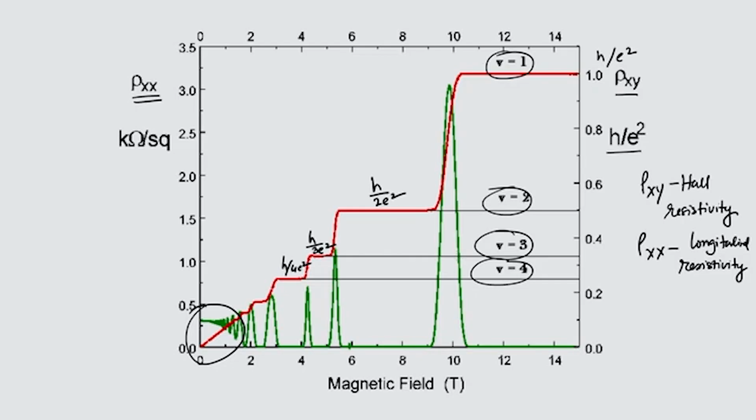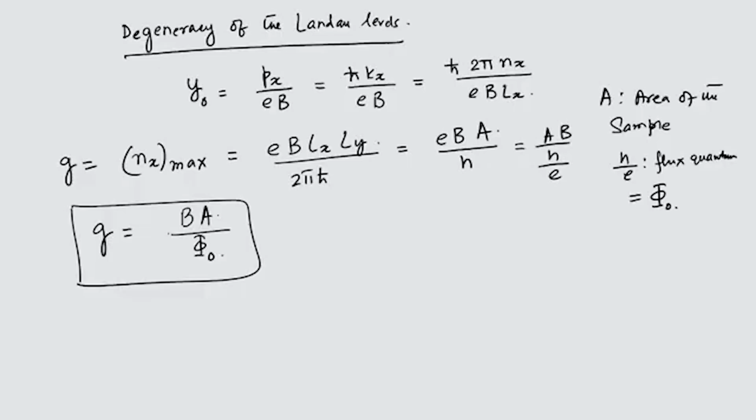So, there is a 15 Tesla magnetic field. If you have facilities, you can increase that magnetic field even more. And the sample size is up to you. Okay. So, this is really a very large degeneracy that is coming out of each one of the Landau levels. In fact, this has important repercussions or implications on the fractional quantum Hall effect.